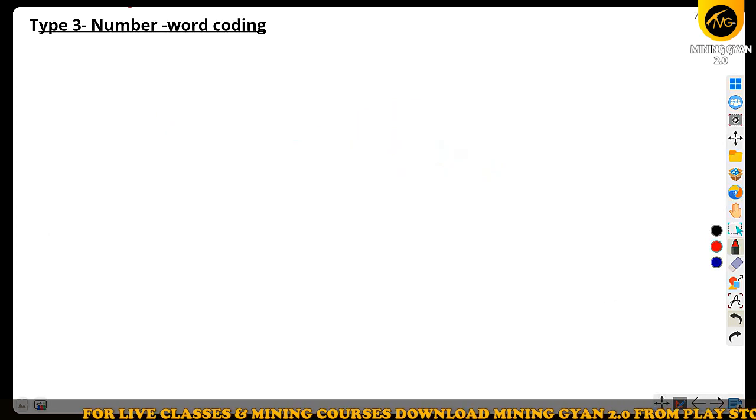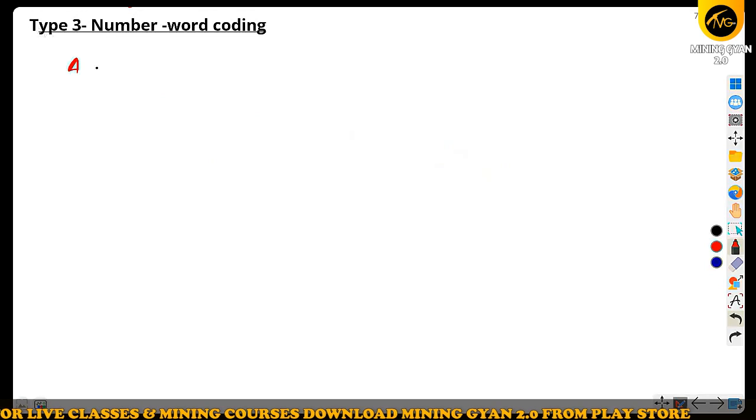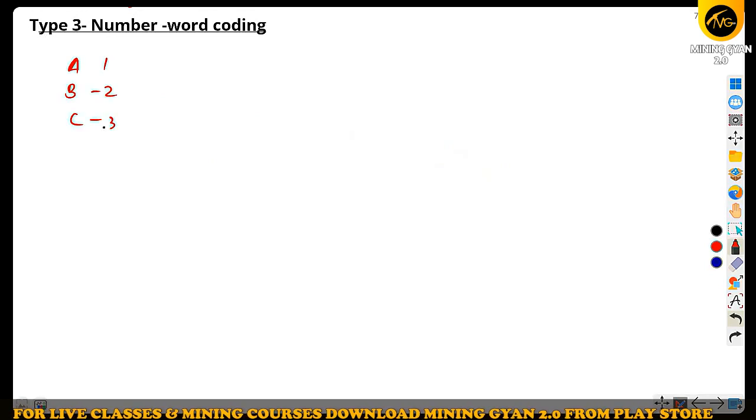Okay, the next one is the number word coding. To find out this coded number word coding, just remember the codes for the alphabets. Like A is coded for 1, B is coded for 2, C is 3, and so on. You have to memorize the code for each and every alphabet.